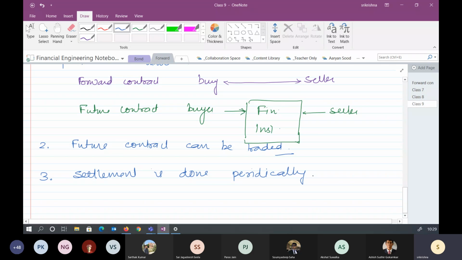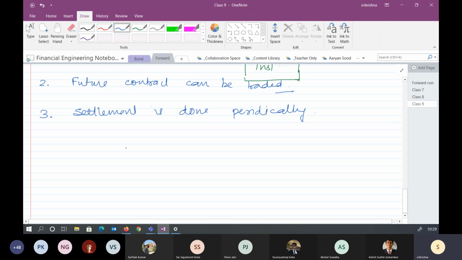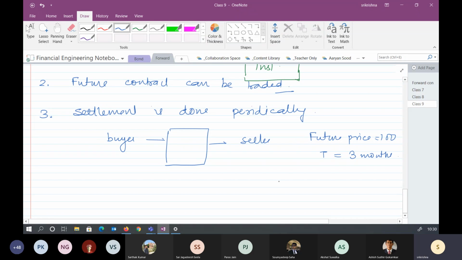So let's see the example, then we will try to understand. Let's say that we have a buyer, then we have a financial institute, and then we have a seller, and they agreed on a future price which is, let's say, 100, and expiry time T is, let's say, 3 months. Now let's say that today, the price is 102, more or less.